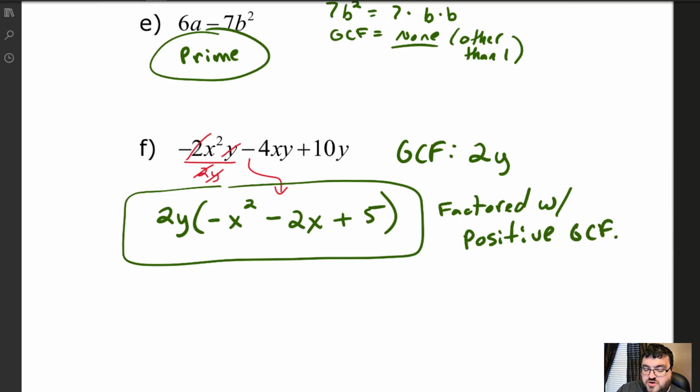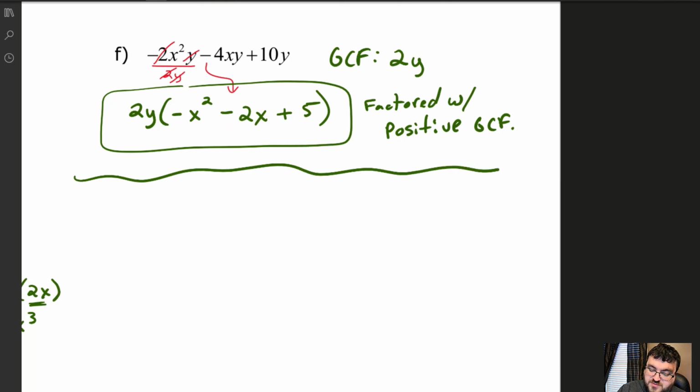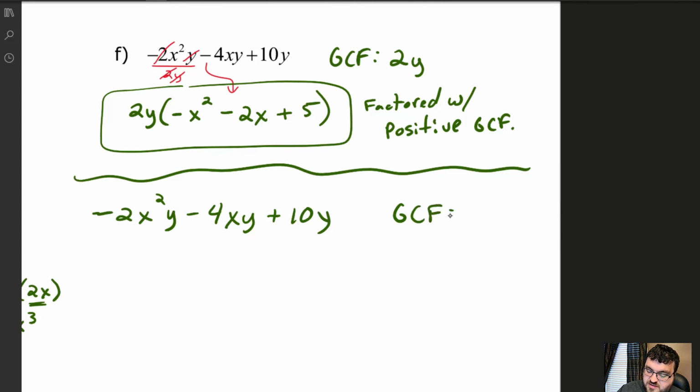So can you factor it with another? Is there another way to factor this? Well, another way you could factor this is take your original problem, so negative 2x squared y minus 4xy plus 10y, and factor out a GCF that is a negative, in this case, negative 2y.